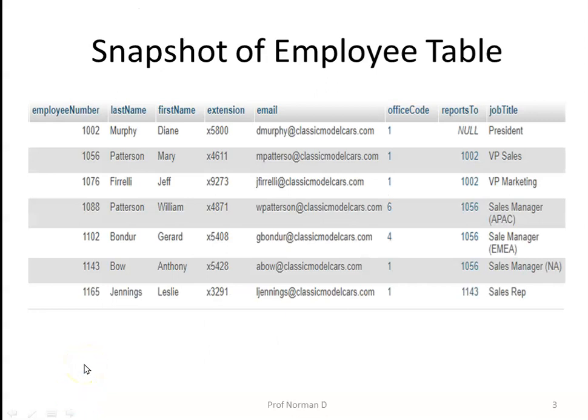Now, this is a partial snapshot of the employee table. We have the attributes employee number, last name, first name, extension, email, office code, reports to and the job title. Now look at the first tuple over here. The first tuple is employee number 1002.